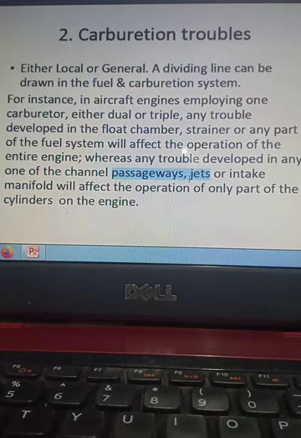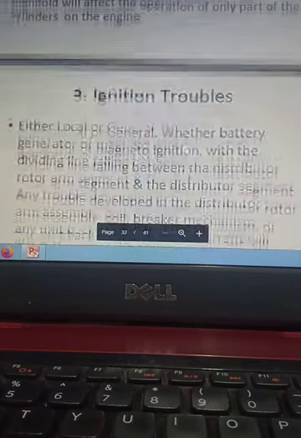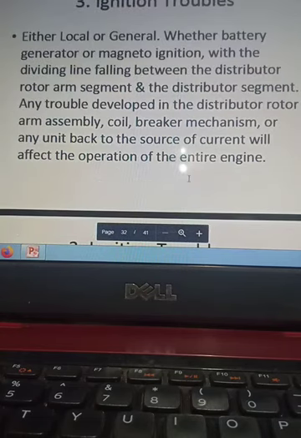Okay? So the third trouble is the ignition. It is also classified as either local or general.